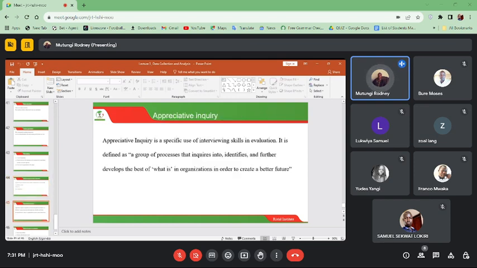Then another term that we need to know is appreciative inquiry, and it is basically using good interview skills that help you to really bring out what is required to answer the research questions that your organization has set, to better understand the problem that is puzzling them, so that they can create the best solution.